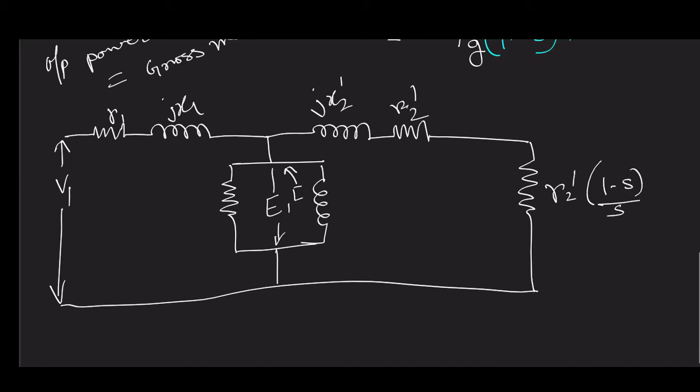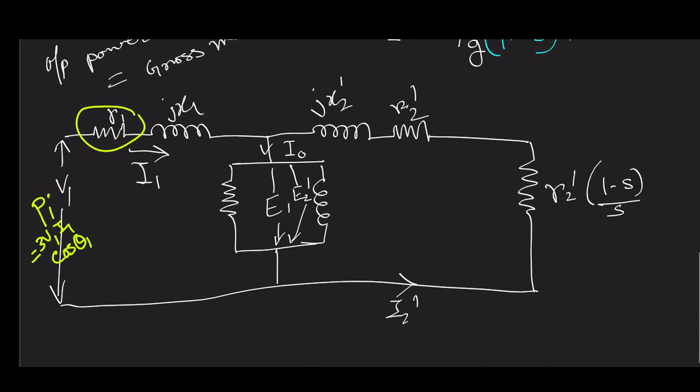And this is also E2'. This is I2'. This one is I1. This is I0. Well, so here this is our input: Pi is equal to 3V1 I1 cos theta 1. Here it is the power loss, that is 3 I1 square R1.